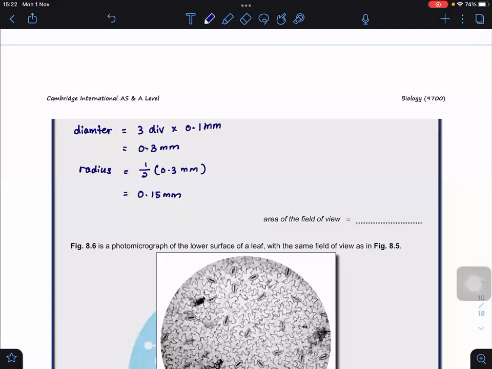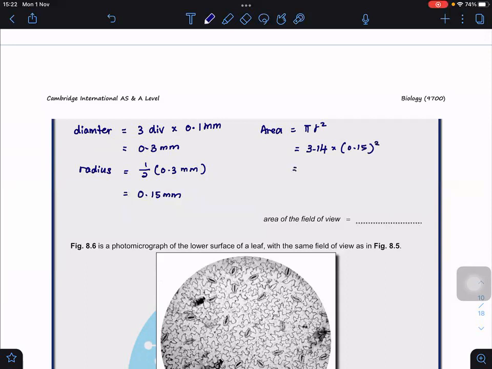So what is the area? Area equals pi r squared. So pi is 3.14, radius is 0.15, in mm squared.